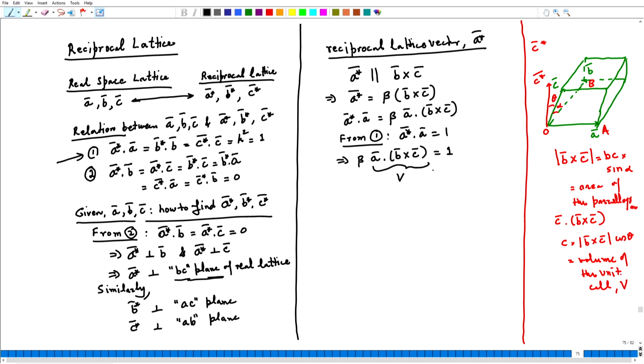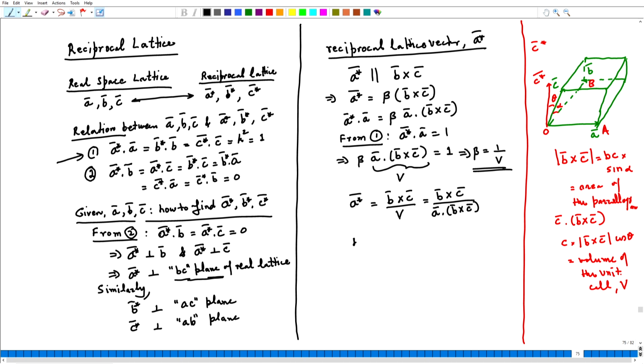This implies that beta equals 1 upon V. Hence, the vector A star can be written as B cross C divided by the volume of the unit cell, or you can also write it as B cross C divided by A dot B cross C. In a similar way, I can write the vectors B star and C star as well.